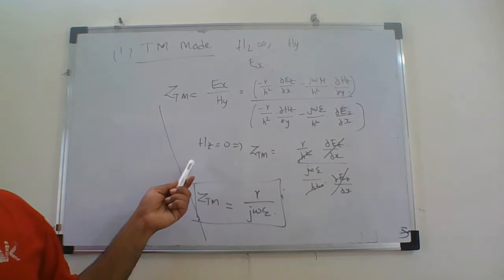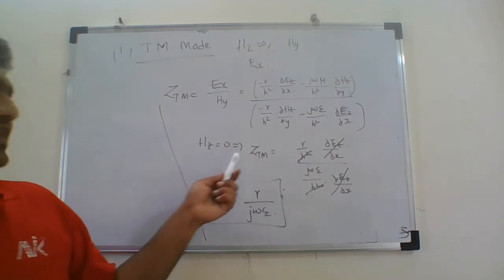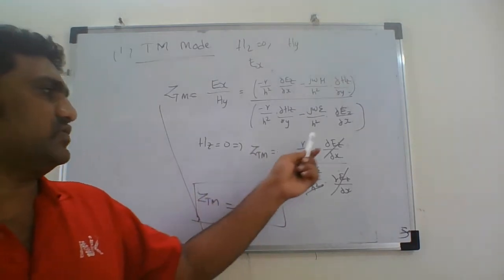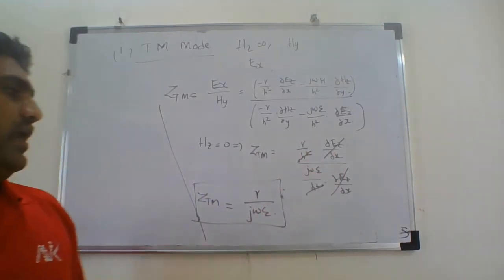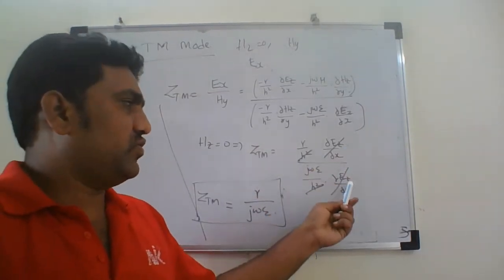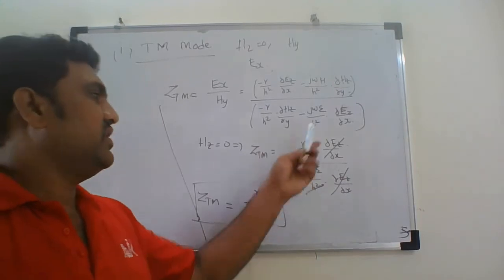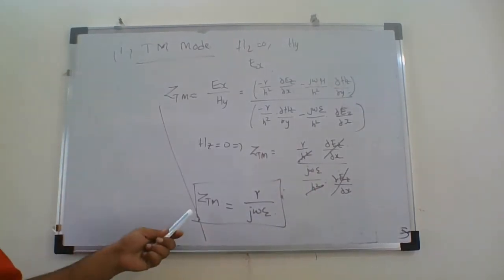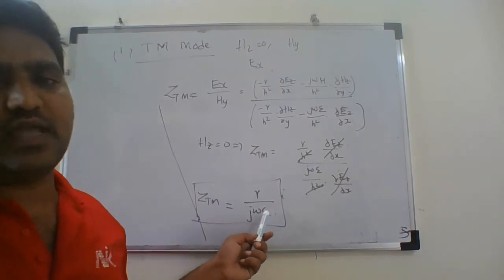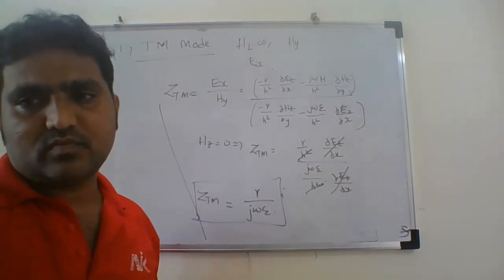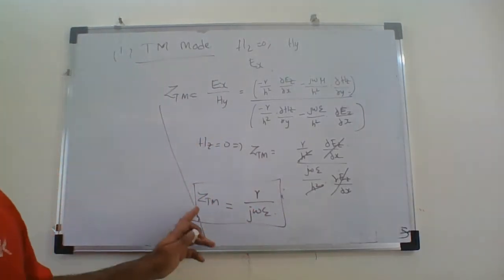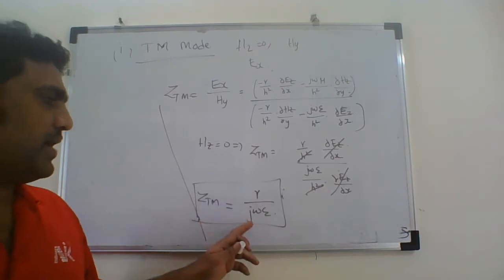For the TM wave we know that Hz is equal to 0, so substituting Hz equal to 0, h square cancels and the ∂Ez/∂x terms cancel out. So ZTM is equal to gamma by j omega epsilon.